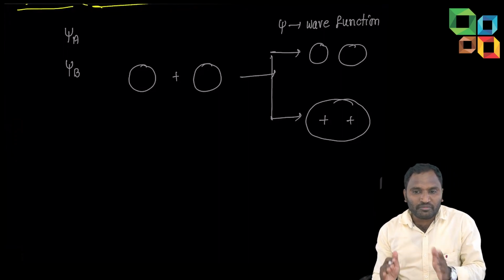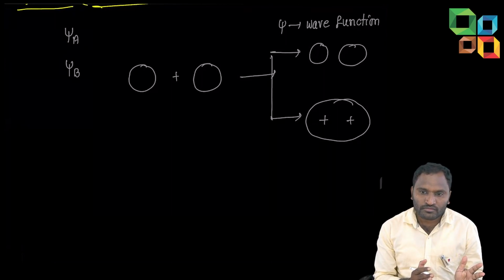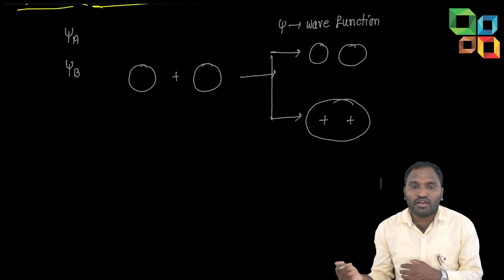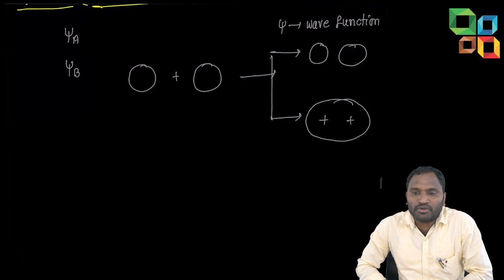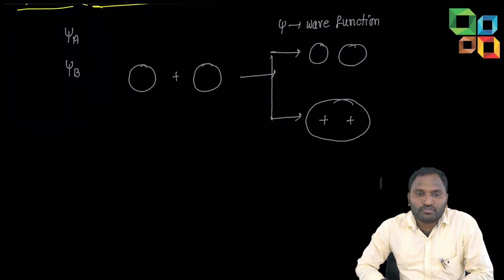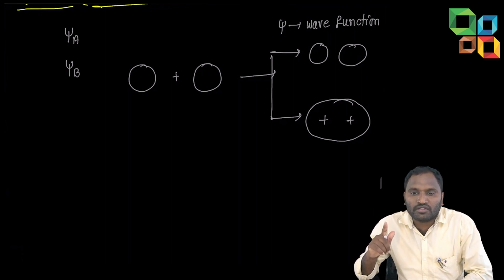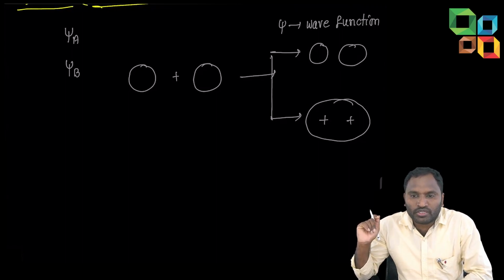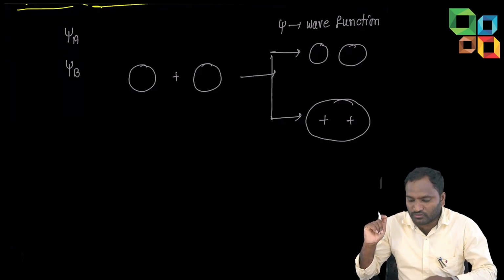In hybridization, as many atomic orbitals intermix, that many hybrid orbitals we get. Same here: two atomic orbitals combining linearly produce two molecular orbitals, one bonding and one anti-bonding.